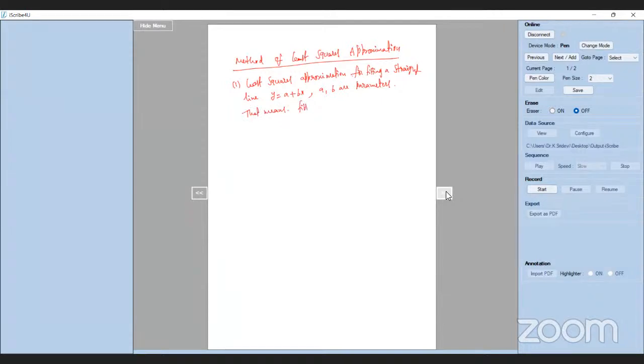This is a first degree polynomial in x. Straight line means first degree polynomial to the given data.